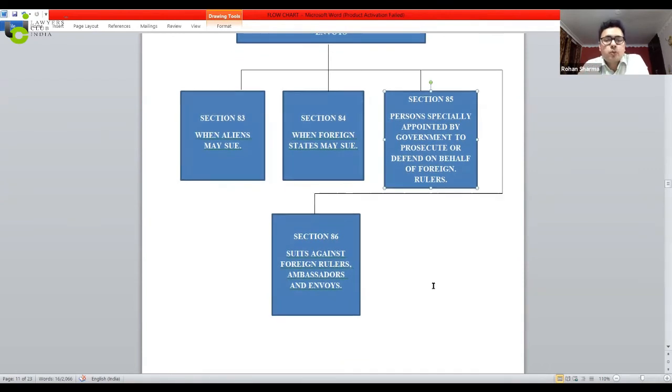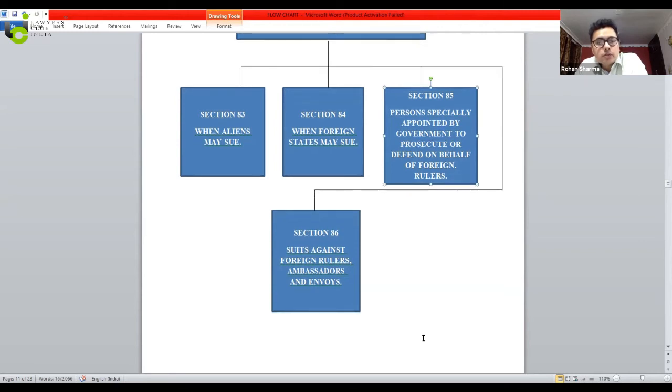Section 84 talks about when foreign states, in their own capacity or through their ruler, can sue before the courts in India. So you have a specific procedure for that, and a very specific circumstance when this suit can be brought. What that circumstance is, and when that suit can be brought, is what Section 84 talks about.